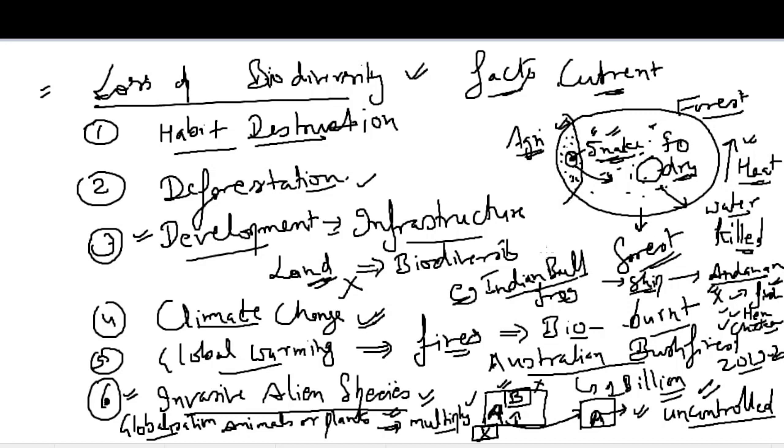So this Indian bullfrog has become an invasive alien species in Andaman and Nicobar, while it was not an invasive alien species within the Indian subcontinent. So this is the magnitude of the situation that I wanted you to know. These are the reasons for the biodiversity loss. Now, moving ahead, how can this biodiversity be conserved?